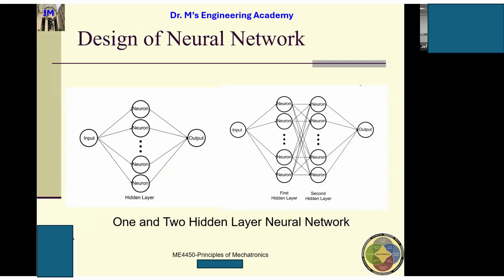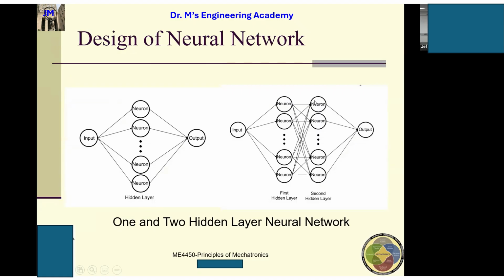Design of neural network. So these are two neural networks, and this one only has one middle layer, hidden layer. We call it hidden layer. So this one has two hidden layers, the first layer and the second layer.